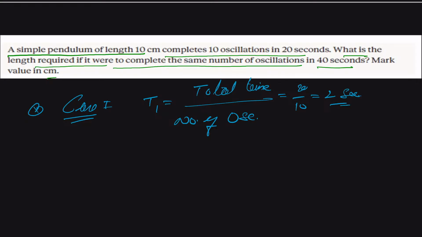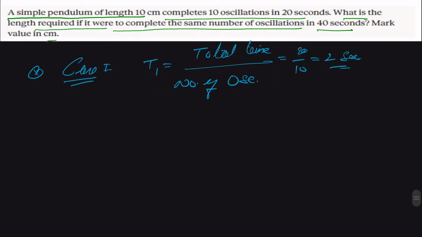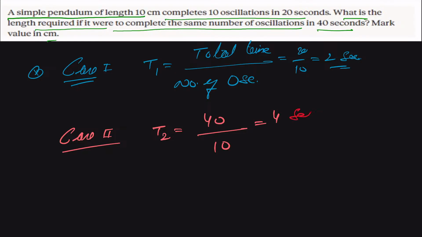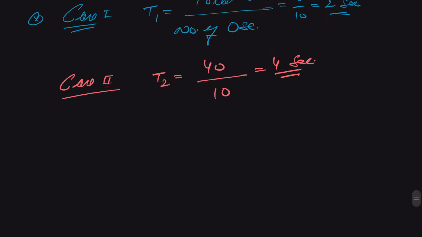And for case 2, let us call it T2, which will be 40 upon 10, that is 4 seconds.